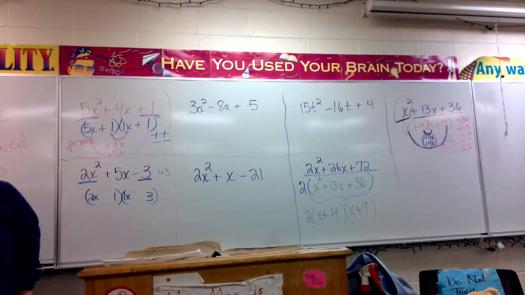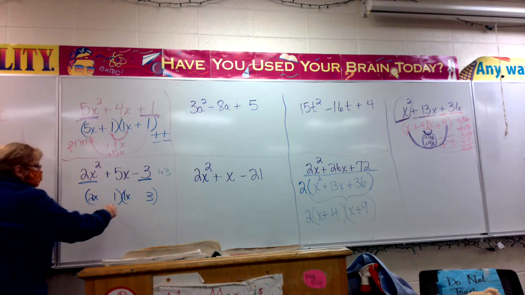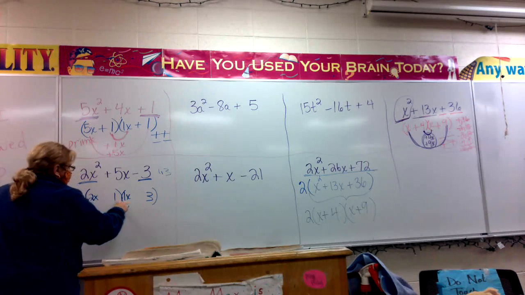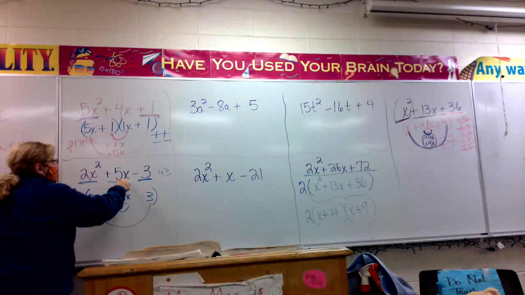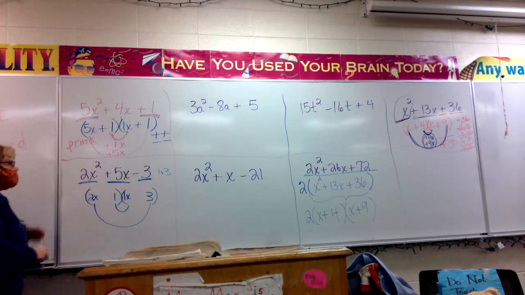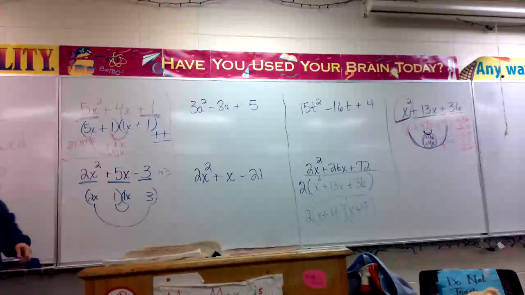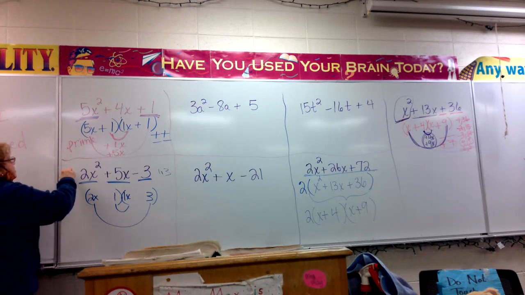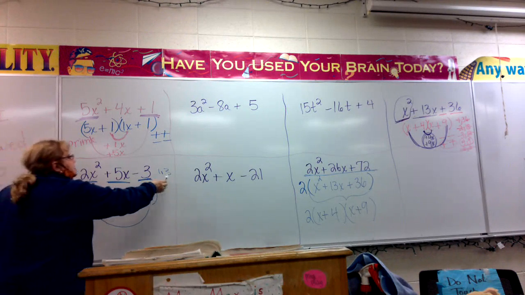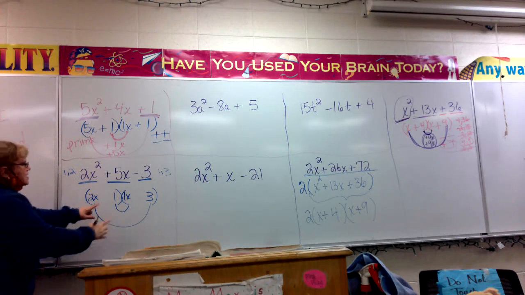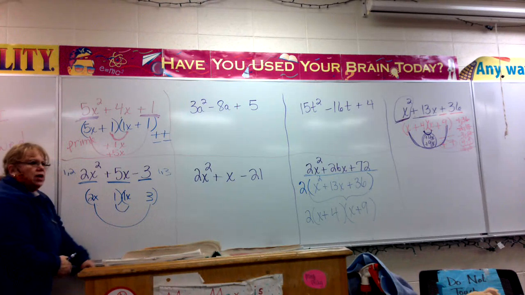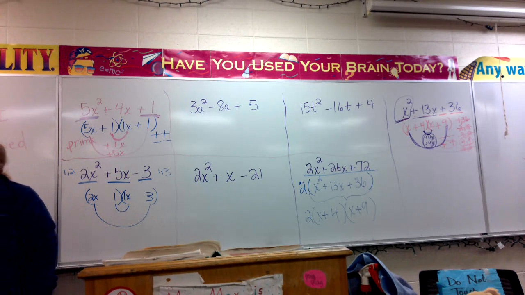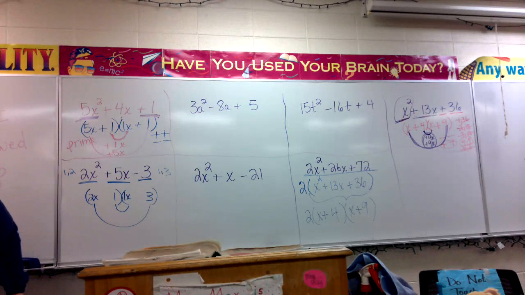But here's the thing. The inside-outside double check has to add up to 5. So what you have to be careful of is, it makes a difference. This is 1 and 2, and this is 1 and 3, but it makes a difference if it's 1 and 3 or 3 and 1. And you have to figure out which one goes where by doing the inside-outside double check.